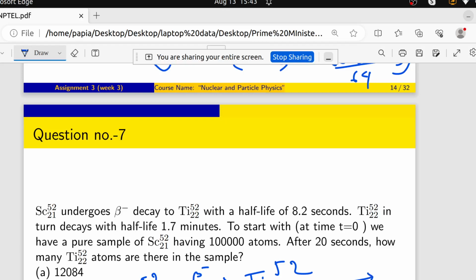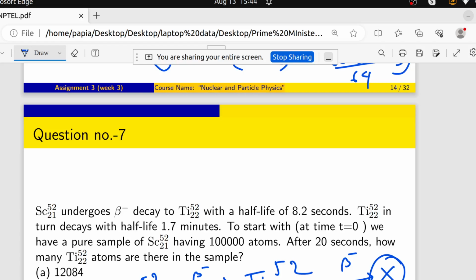Again it is going beta minus to something X. I don't know in which element it is going, but it is going somewhere to X. So the information is that scandium to titanium has a half-life of 8.2 seconds, and titanium to X has a half-life of 1.7 minute.